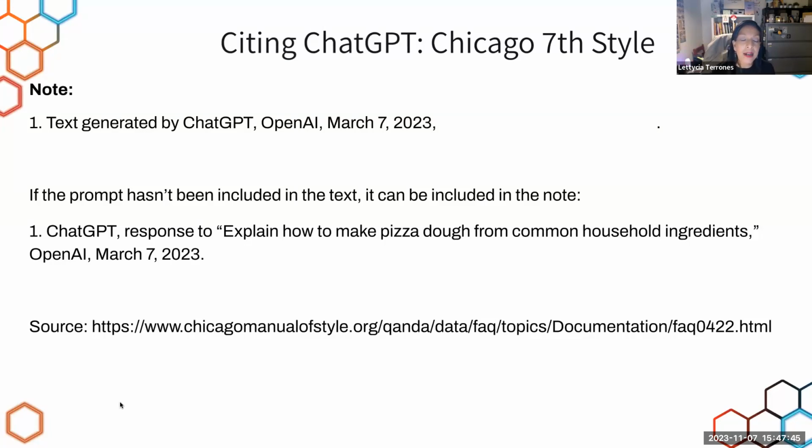So situations like that are some of the reasons why the major citation styles, and we've only really highlighted APA, MLA and Chicago, have responded to how to cite ChatGPT. Am I understanding that correctly, Jayati?